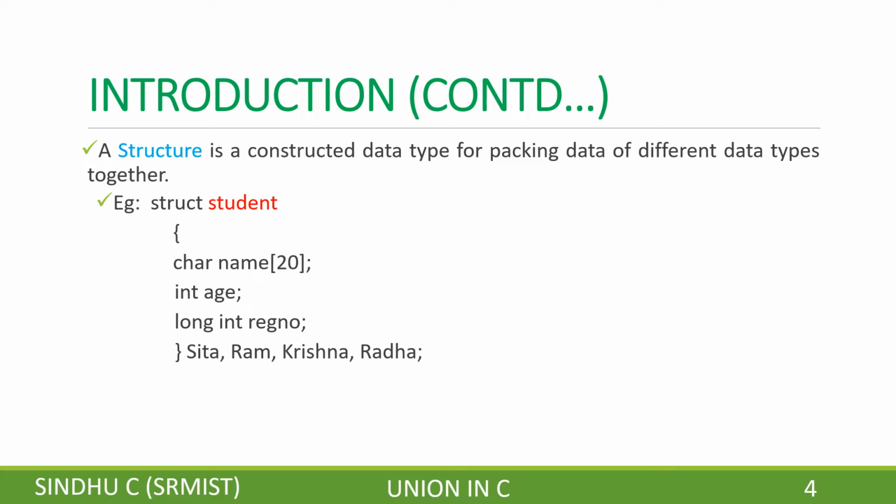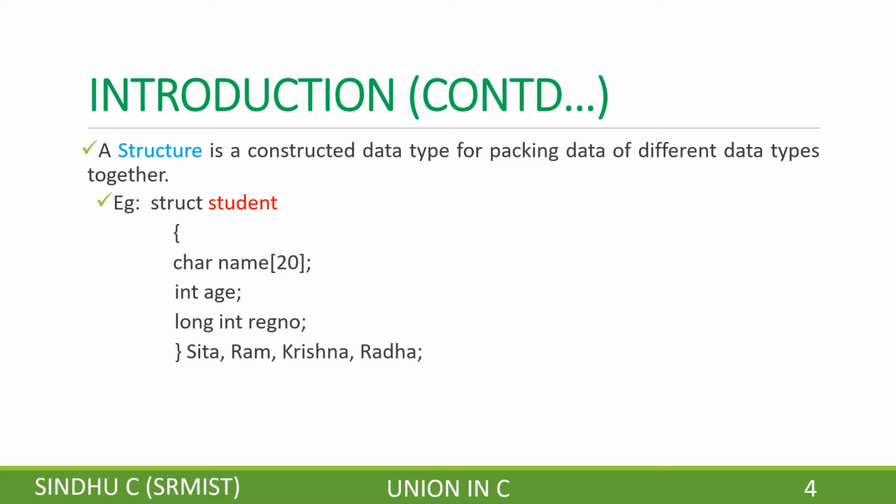So these variables hold the memory spaces where you can store some data for name, for age and register number. So here this structure is a constructed data type where you are constructing some memory locations with respect to the various members of the structure. Here the members are name, age and registration number. So now you can see the relationship between a primitive variable, an array variable and a structure variable.